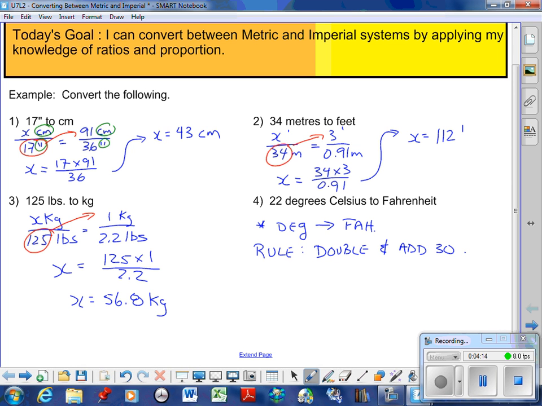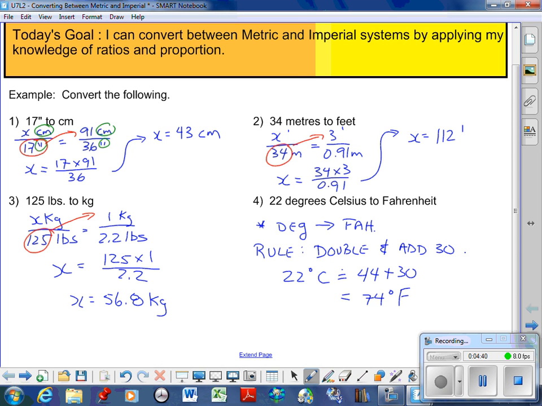I'm just going to give you the approximation because you're never going to have to calculate the exact. You can always Google that. But I want you to be able to look at it and say, oh, I know what that is. So you just double degrees and add 30. For ours, 22 degrees Celsius is approximately equal to, if I double 22, I get 44, add 30, so about 74 degrees Fahrenheit.